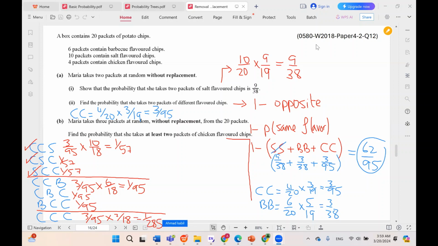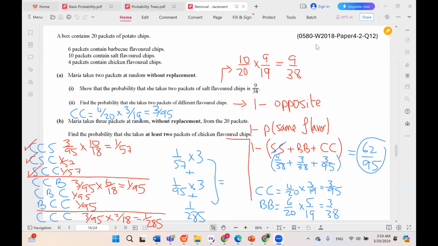So the total probability would simply be the following: 1/57 times 3 plus 1/95 times 3 plus 1/285. And these would all give us the final probability we're looking for.